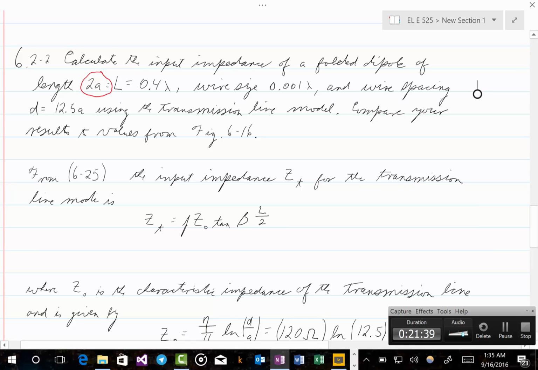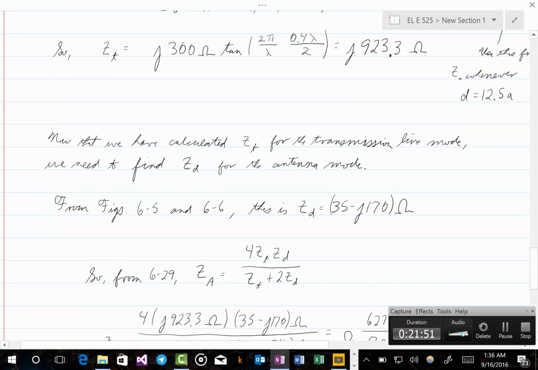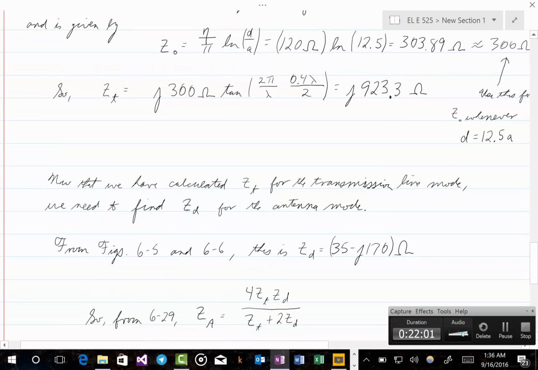And if you move over along the horizontal axis to where L is equal to 0.4 lambda, you will get a value for ZD, the input impedance of the dipole, of 35 minus j170 ohms. So now we have calculated ZT using the transmission line formula. We have approximately estimated ZD using figures 6-5 and 6-6.